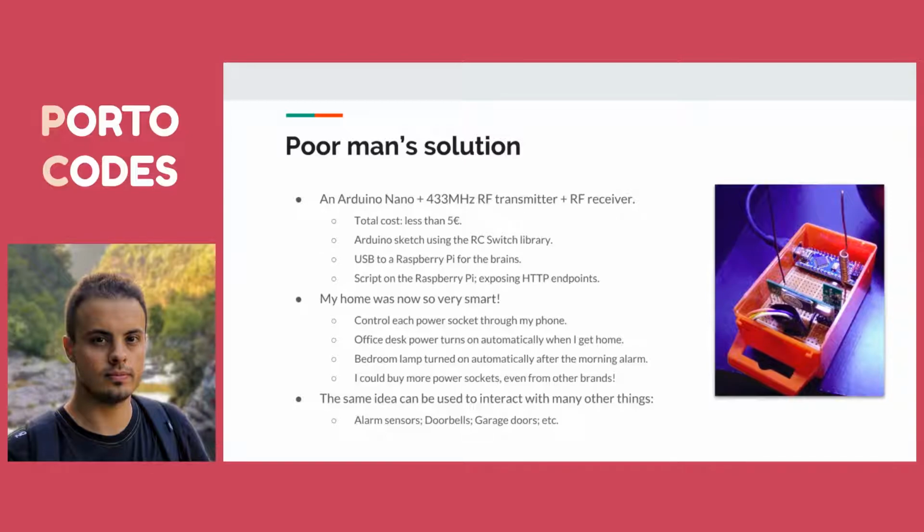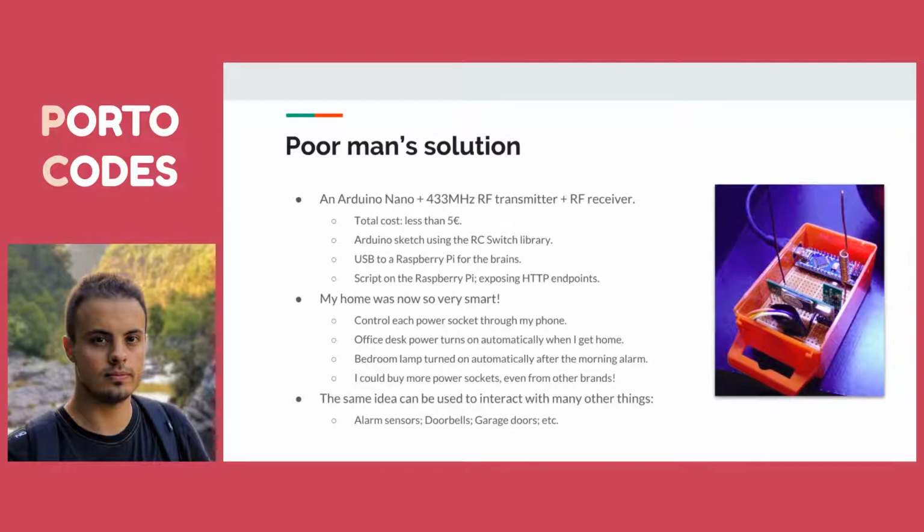From that, I added a simple script that exposed some HTTP endpoints, and I could control the plugs with my phone. I was very, very happy. The control was very dumb at that time. It was just adding some links to the home screen of the phone, and I had a home screen page with the 6 links. I touch them, it makes a GET HTTP request, and the plug turns on.